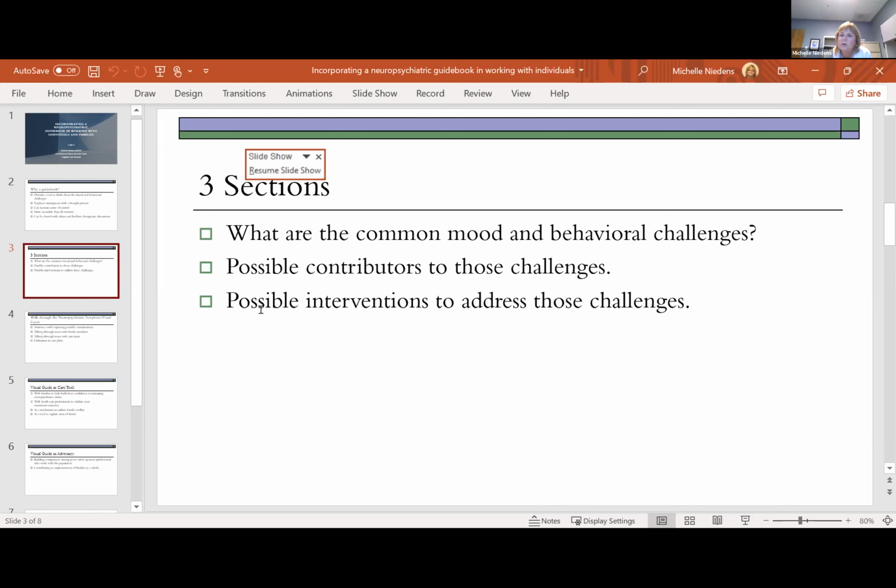So for each of those mood and behavioral challenges, we've identified possible reasons. And then the third section is possible interventions. And we will be sending you a PDF of the guidebook, which has hyperlinks all the way through, so you can click through these areas and look through potential responses.